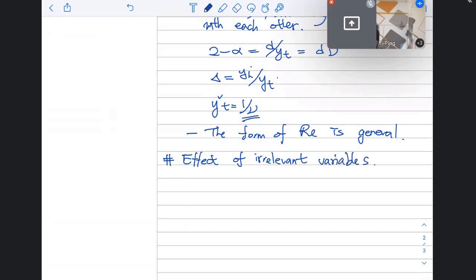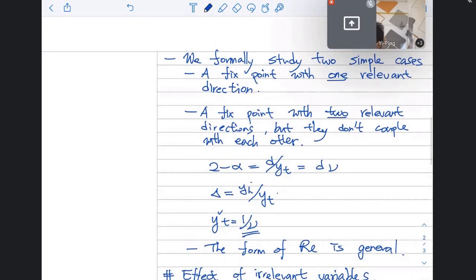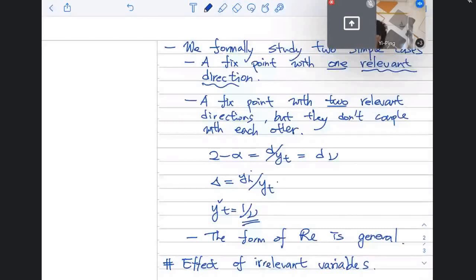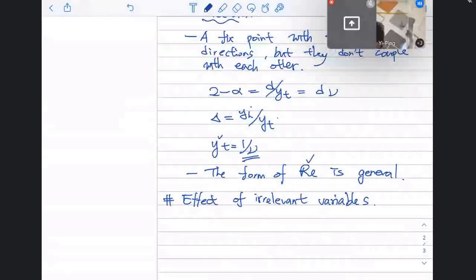During the last week's derivation, we basically focused on one or two relevant directions, and we found that using the analysis along the relevant direction, we can get pretty close, according to the RG transformation RL that we derived.